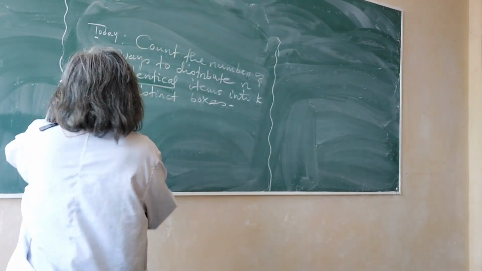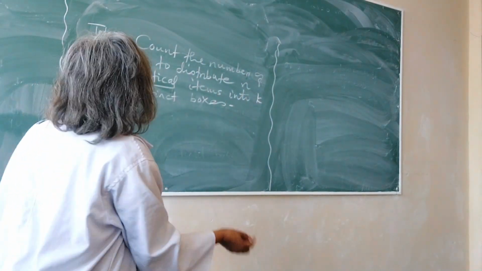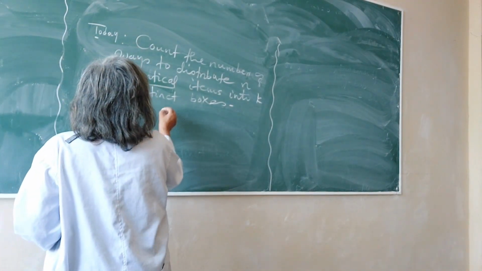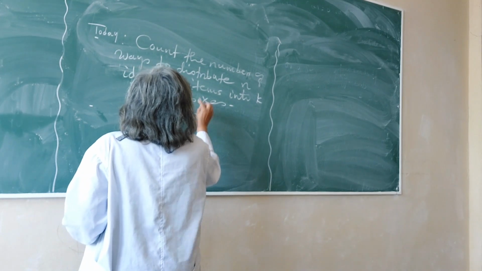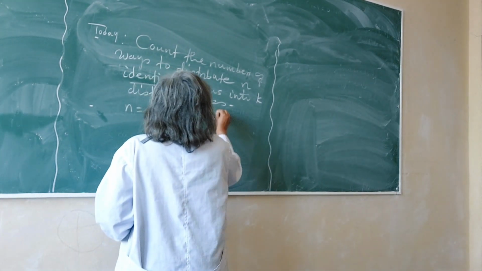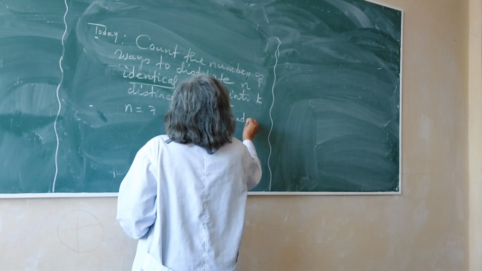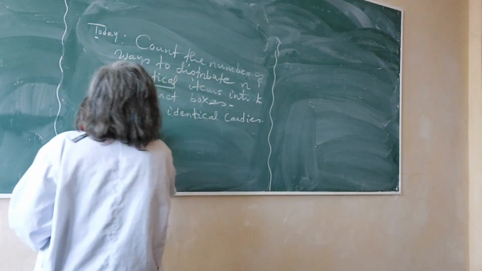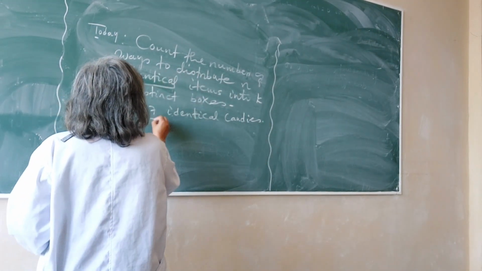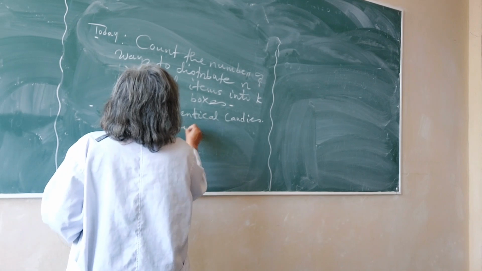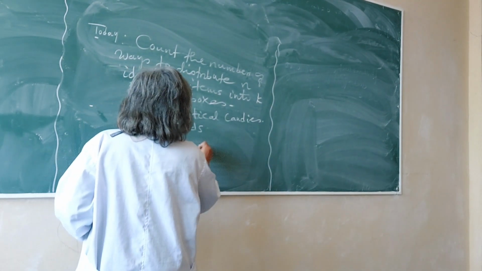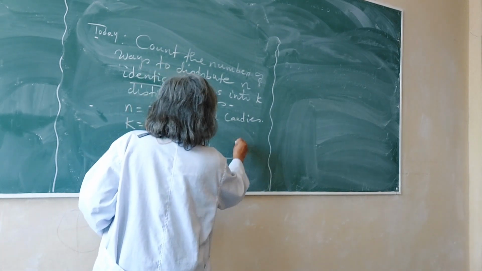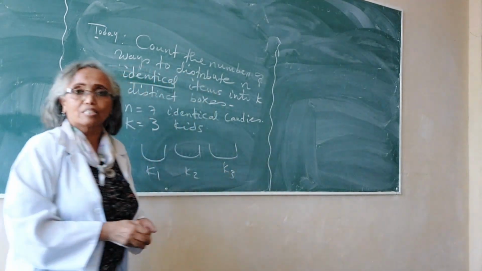Now what happens? Let's say I have 7 identical candies, and I want to distribute them to 3 kids: kid 1, kid 2, and kid 3.